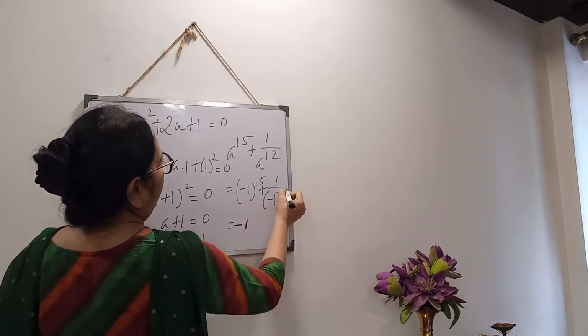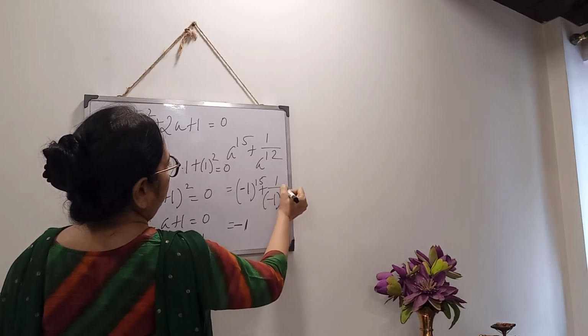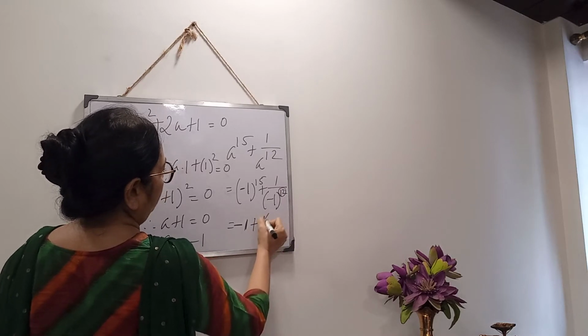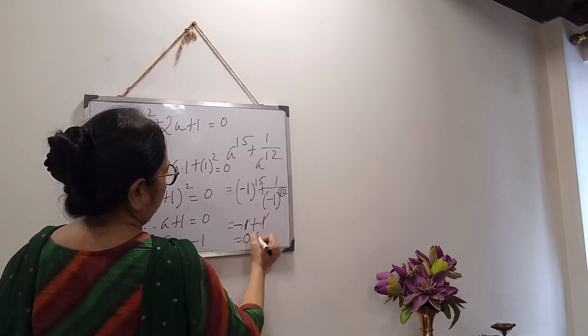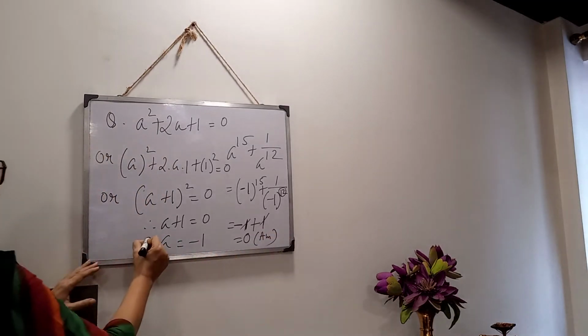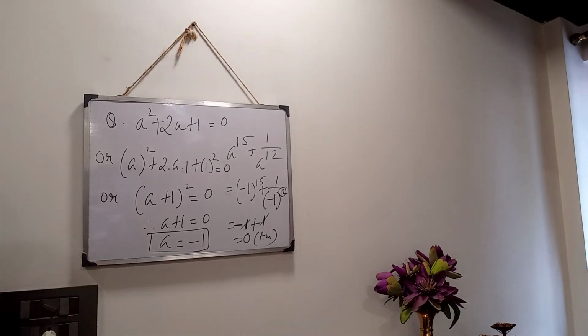Clear? And if you multiply any negative number even times, then your power will become plus. So this answer will change. It will become 0. You will keep it in mind when the value is coming negative. Clear?